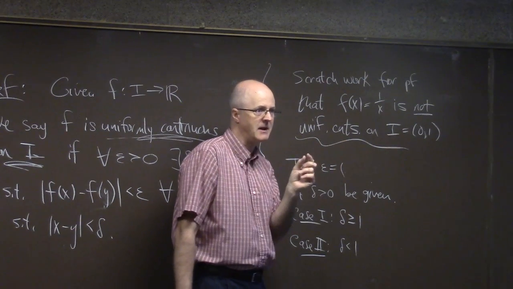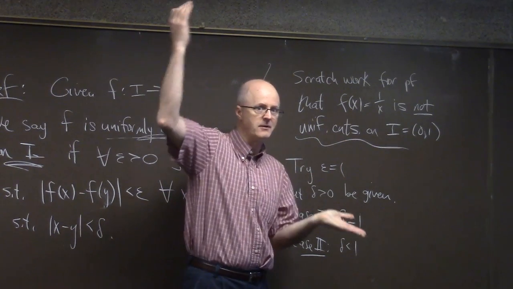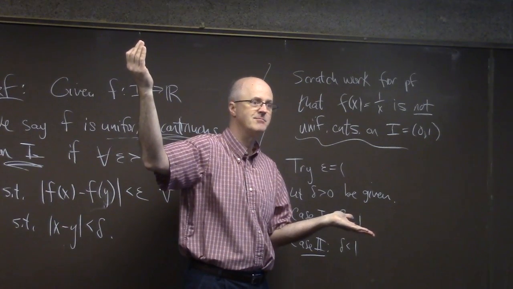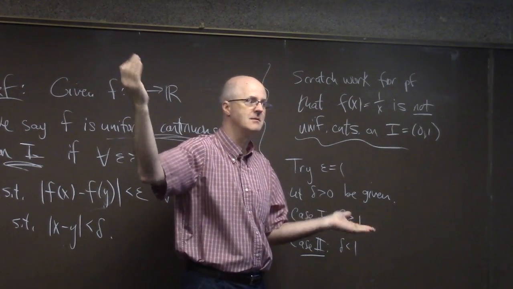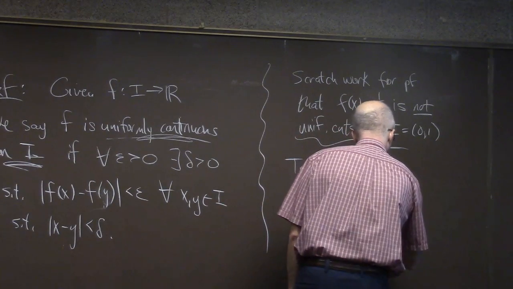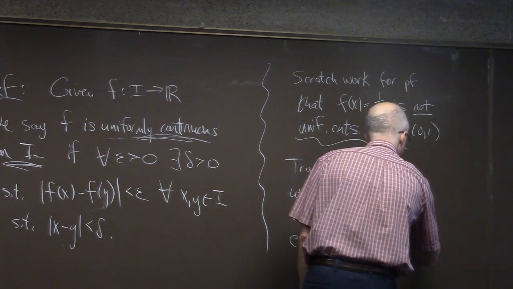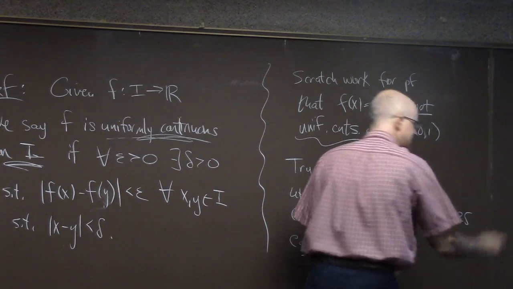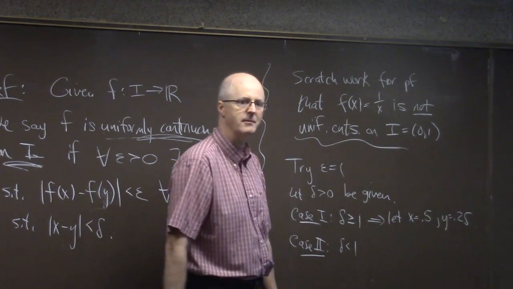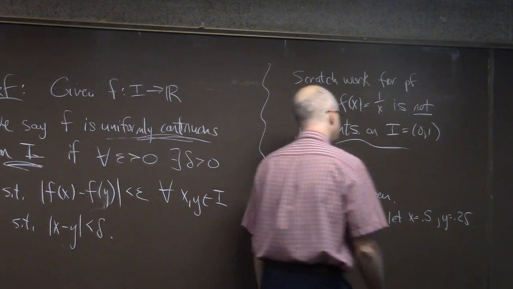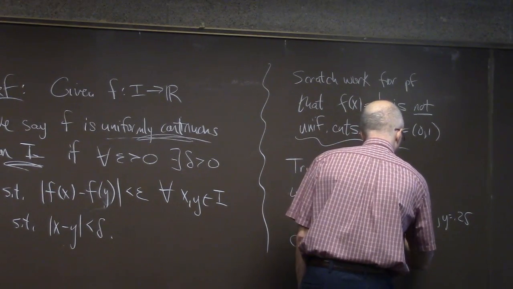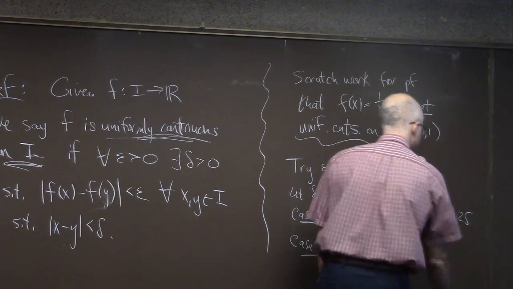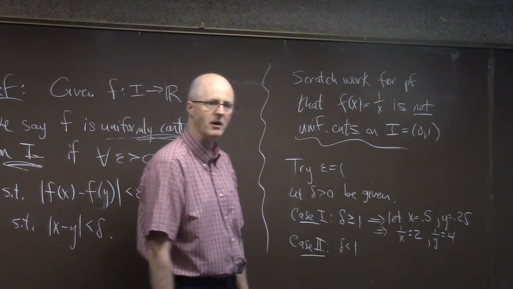So then I just need to pick them so that the outputs are 1 or more apart. You could pick 0.5 and 0.25, for example. Let x equal 0.5, y equal 0.25. There are infinitely many choices I could make there. Then 1 over x is 2, 1 over y is 4, and those are greater than or equal to 1 apart.